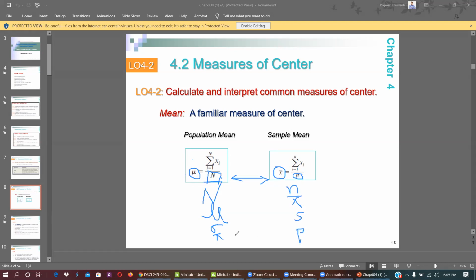Basically, p is proportion, sigma and s are standard deviation, mu and x bar are mean, for population and sample. So this is population, this is sample, population size capital N, sample size small n. Always remember, because by these notations you can easily understand.